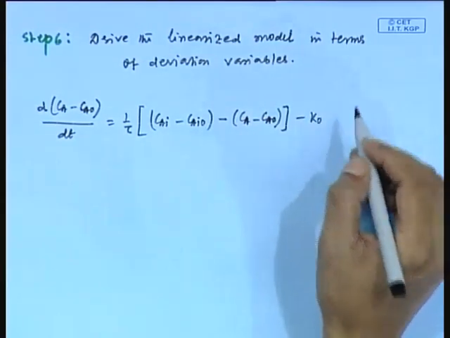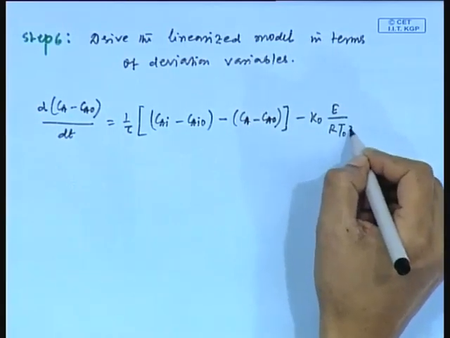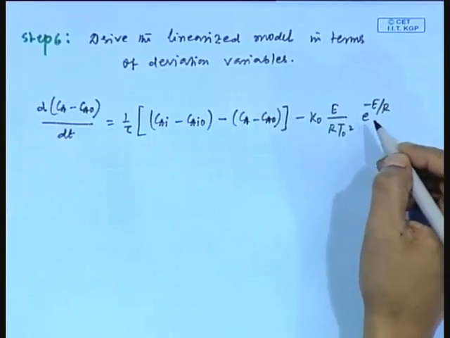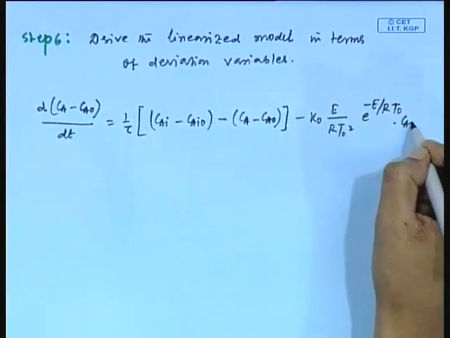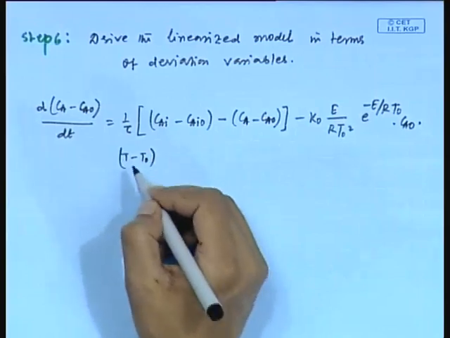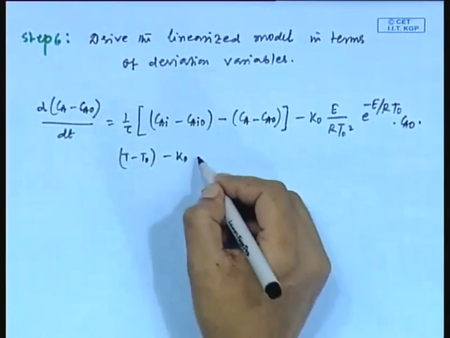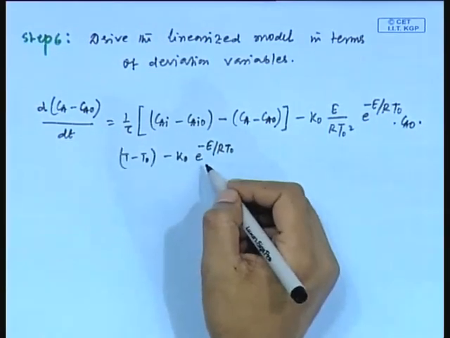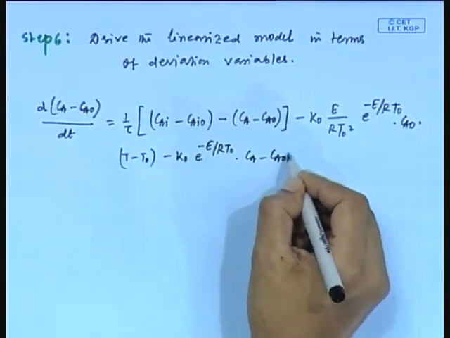Then k naught E divided by R T naught square, exponential of minus E divided by R T naught, multiplied by C A naught multiplied by T minus T naught, and last term is k naught exponential of minus E divided by R T naught, C A minus C A naught.